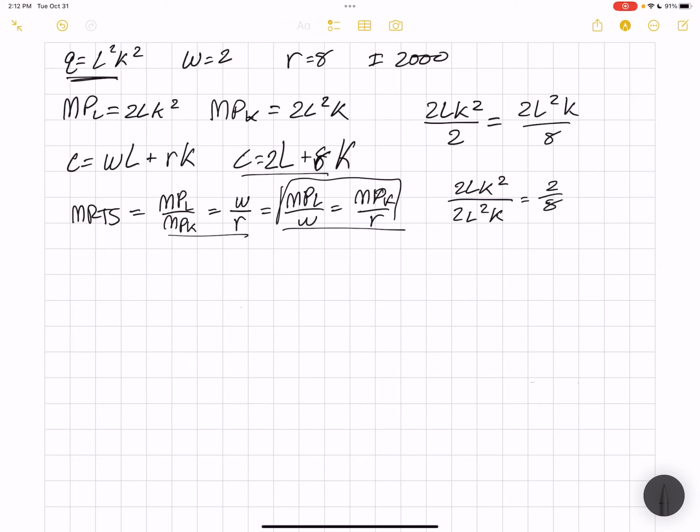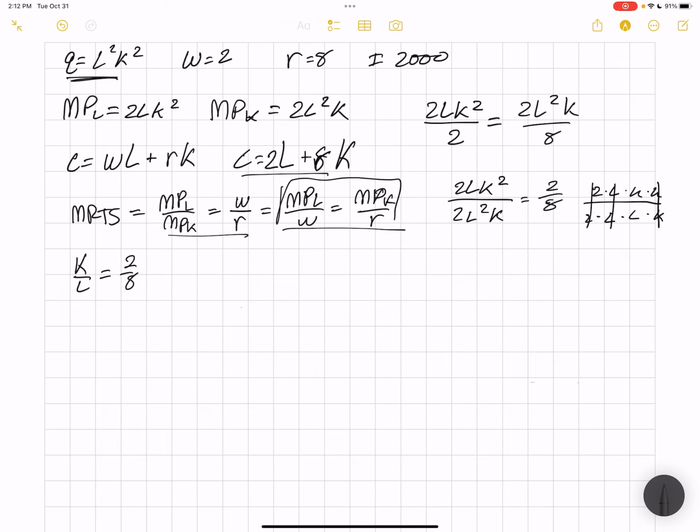I like to expand these because it can sometimes be hard to visualize. So we have 2 times L times K over 2 times L times L times K. So we can get rid of a K, get rid of an L, get rid of a 2, and we have K over L. So K over L is equal to 2 over 8. And we want to get one of these things by itself.